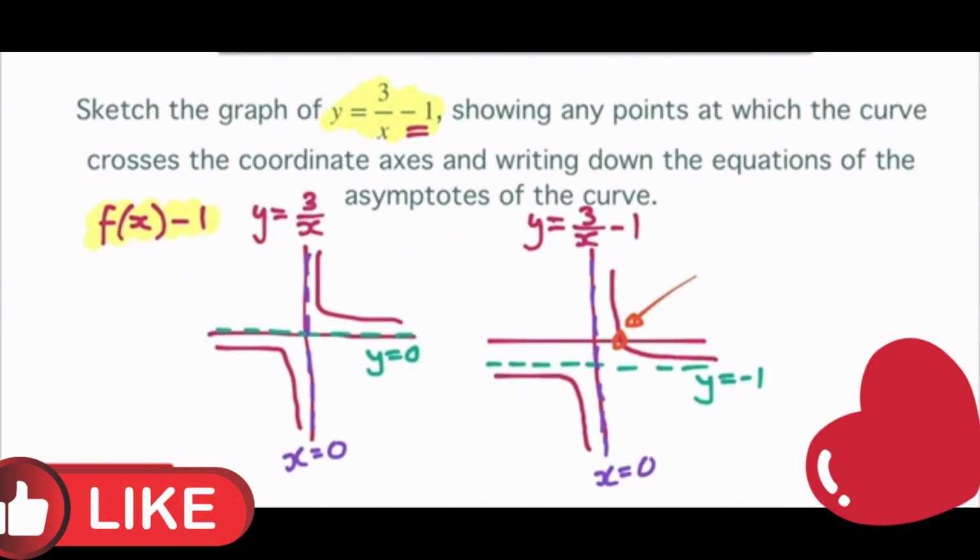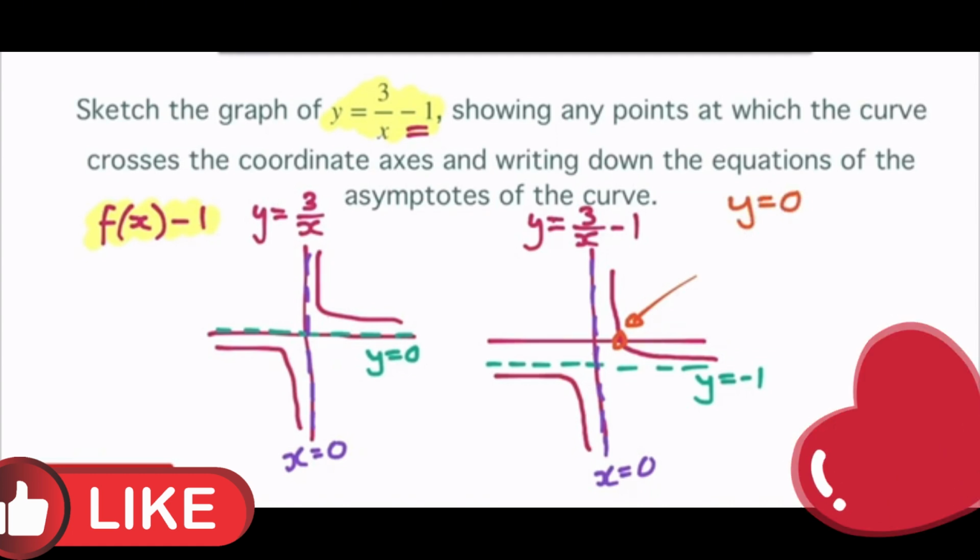There are two ways of doing this, because it either crosses over the x-axis or the y-axis, and at that point it crosses over the x-axis, and if a graph ever crosses the x-axis, the y-coordinate there is 0. So for that point I know that y is equal to 0, and all I need to do is sub that into my equation and solve for what x is going to be.